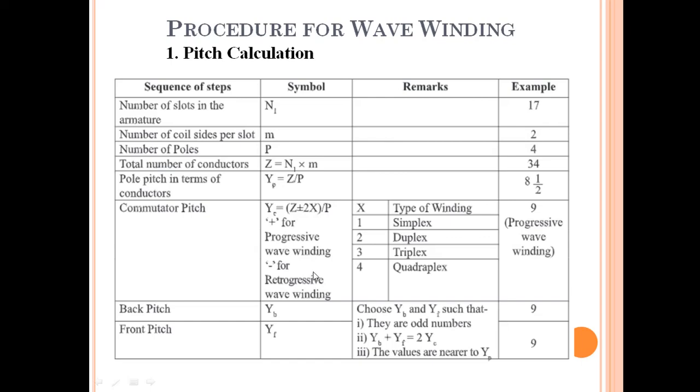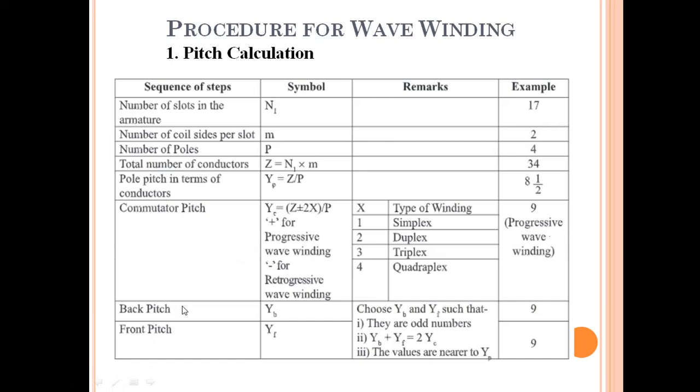The value of x depends on the type of winding, whether simplex, duplex, triplex or quadruplex, so x equals 1, 2, 3, 4. For this example, yc will be 9. Considering simplex, z plus 2 is 34 plus 2, which is 36, divided by 4, so 36 divided by 4 is 9 for progressive wave winding.